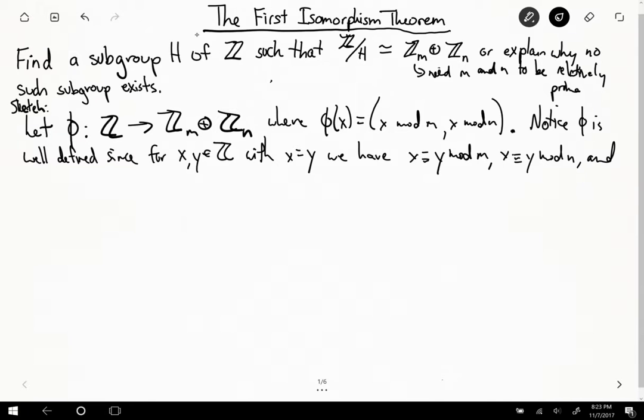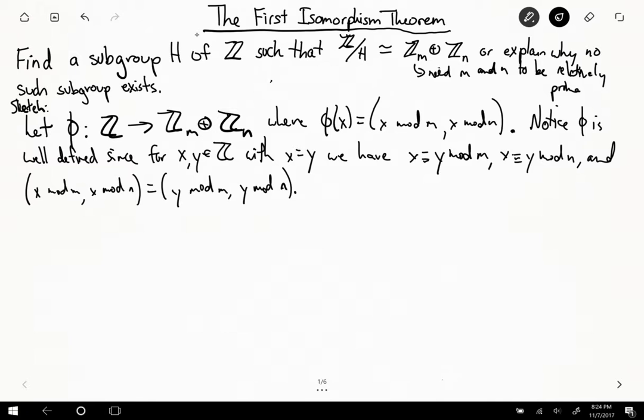And if those two hold, that means x mod m, x mod n is the same thing as y mod m and y mod n. So we have a function, basically. We don't have something map into two different elements at once. Okay, so that's good. So now, since it's a function, we've got to show it's a homomorphism.